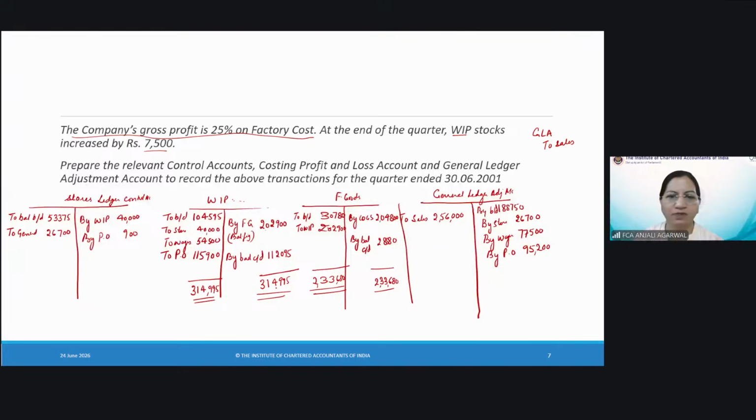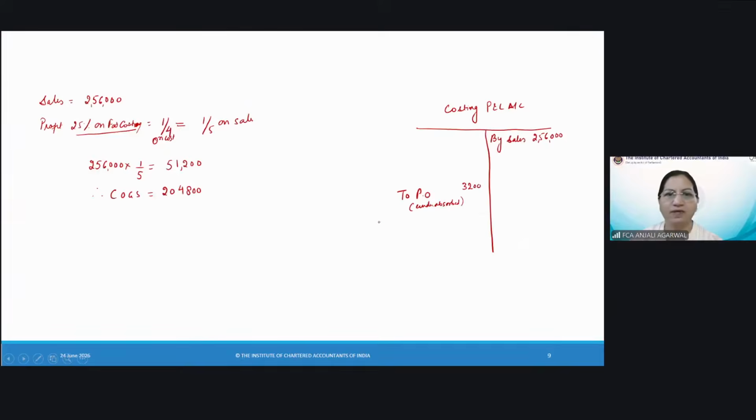Okay. So your finished goods account is also complete. Your WIP account is also complete. No entry has been passed in general ledger because there is internal movement of goods from work in progress to finished goods and so on, right? However, we will prepare a cost of goods sold account as well. So how many units have moved in the cost of goods sold account from finished goods? 2,04,800.